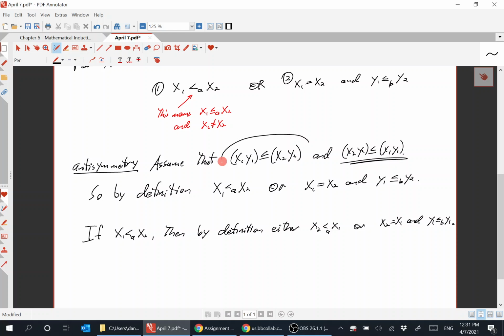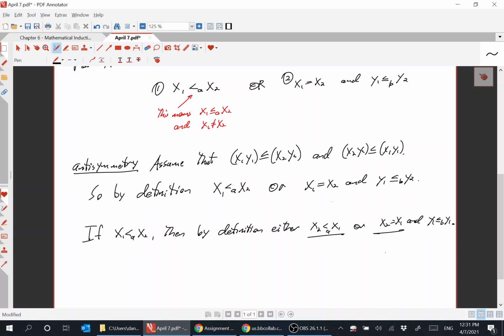So first we start with this possibility, and then we apply the definition to this second relation. And I hope you can see that that's not possible. If x1 is less than x2, it is not possible for x2 to be less than x1, nor is it possible for x1 to be equal to x2. So that case actually doesn't happen. So finish the proof from there.